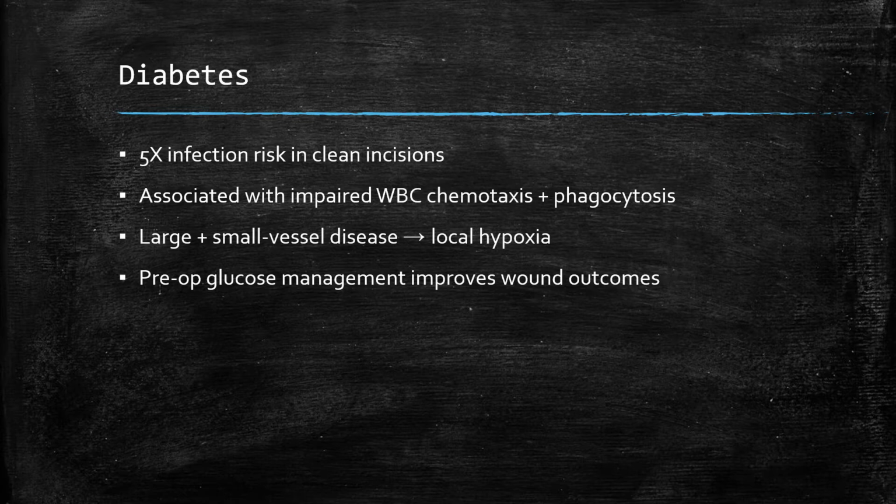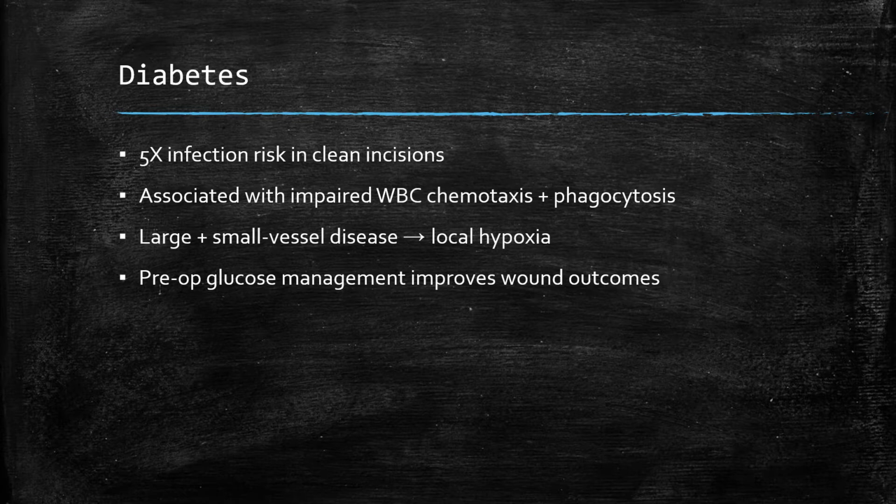Diabetics are notoriously poor wound healers, and there are likely several explanations for this. The first is that diabetics have a greatly increased risk of wound infections, and we've already seen how wound infections impair healing. Diabetics are also relatively immunosuppressed, and they have impaired white blood cell chemotaxis and phagocytosis.